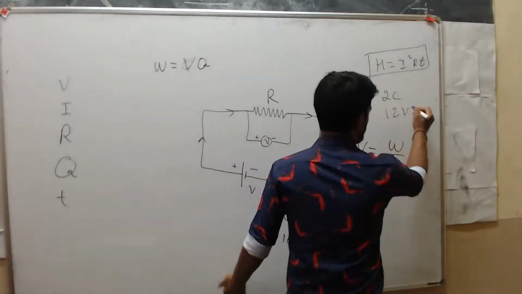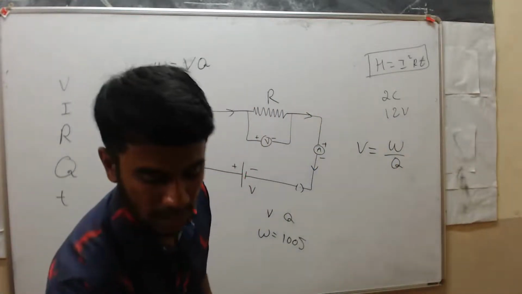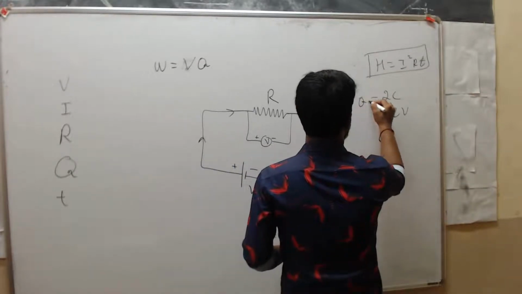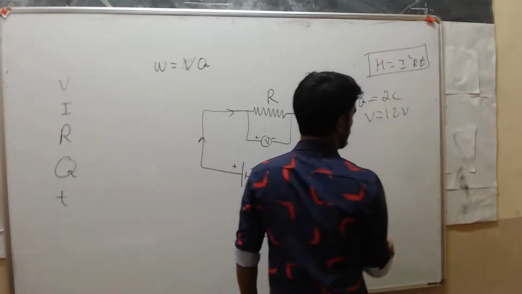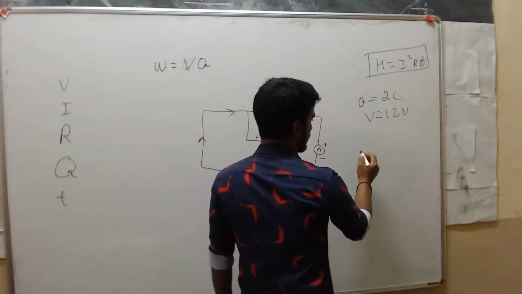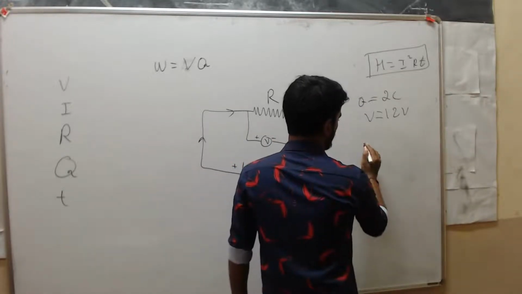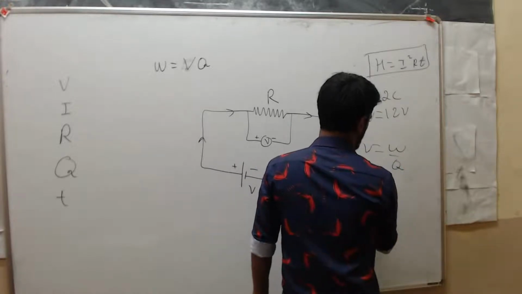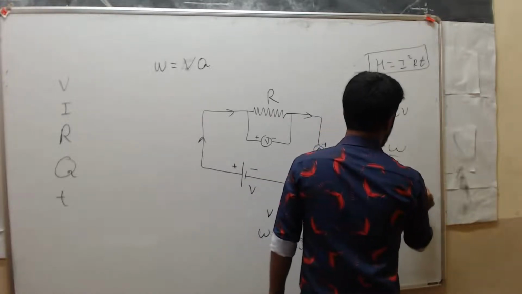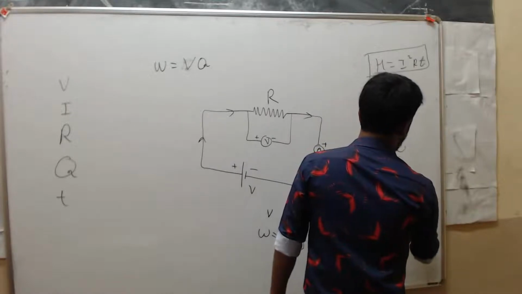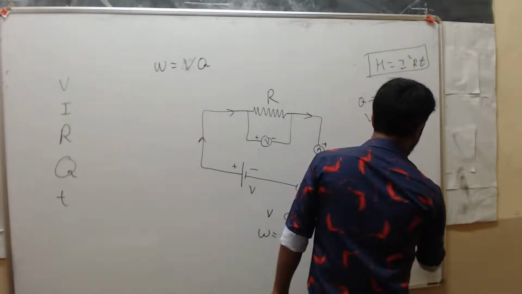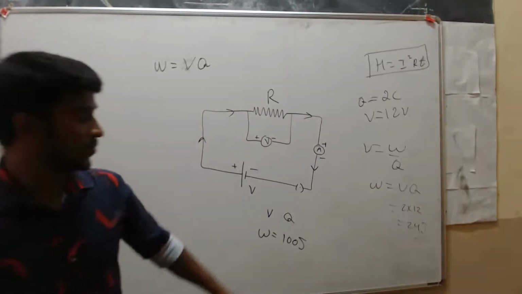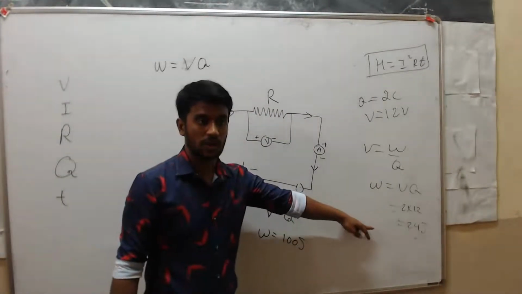Here we are given the charge Q equal to 2 C and the potential difference equal to 12 volt. You know the formula, V is equal to W by Q, or W is equal to V into Q. So 2 into 12 gives 24 joule, which means the battery will do 24 joule of work.